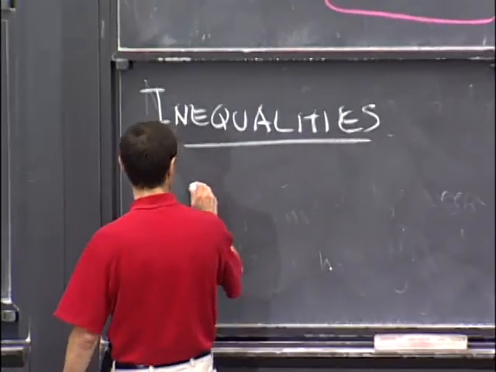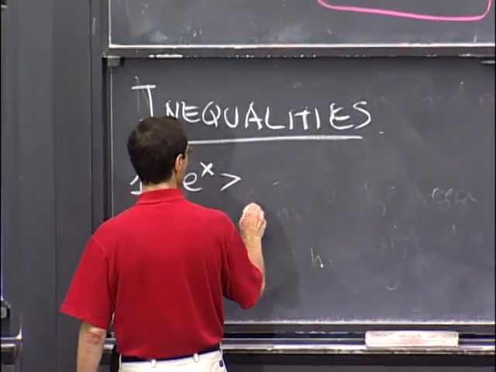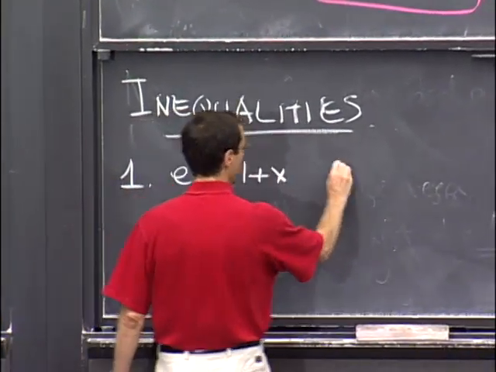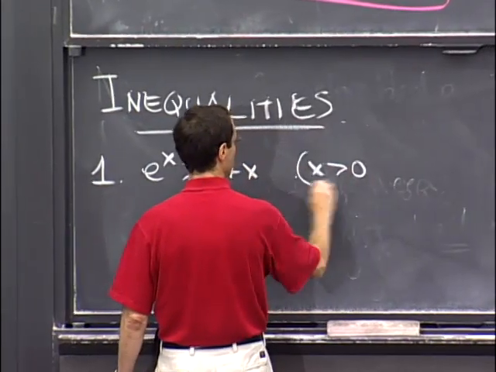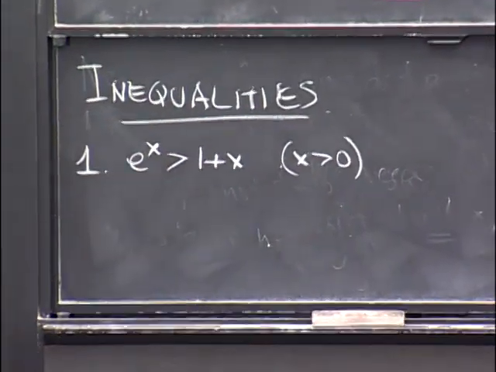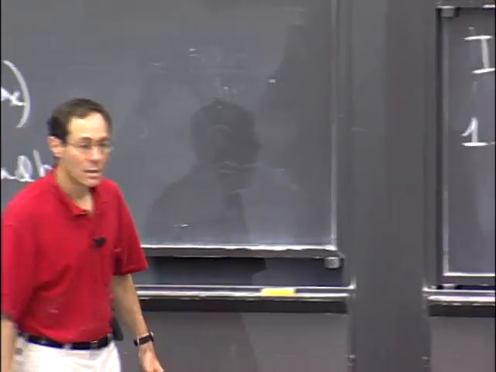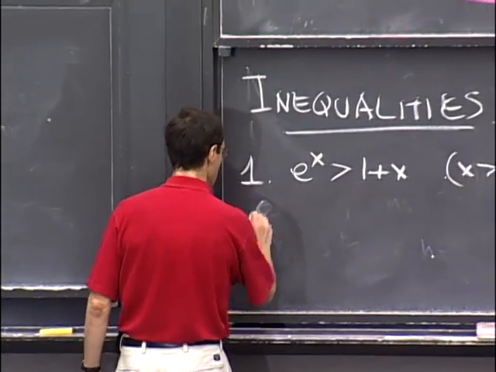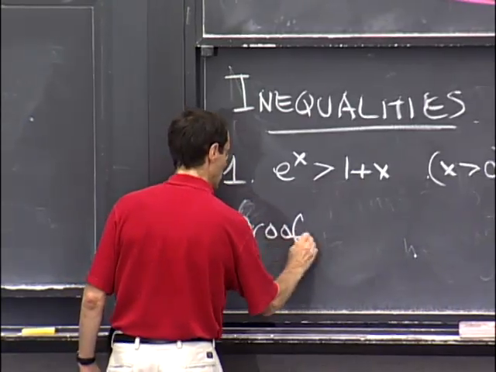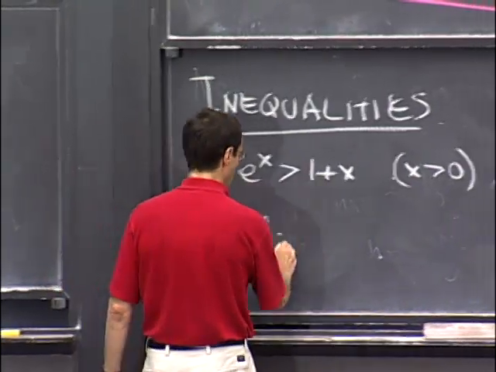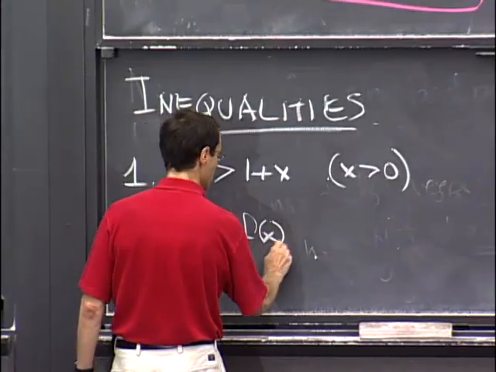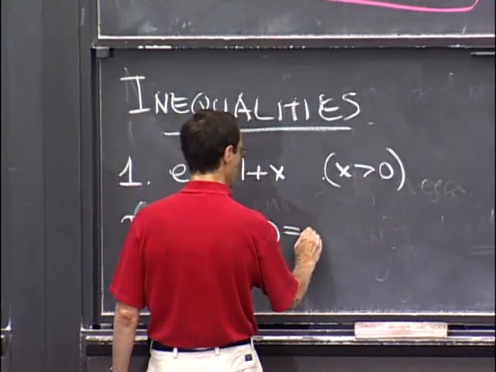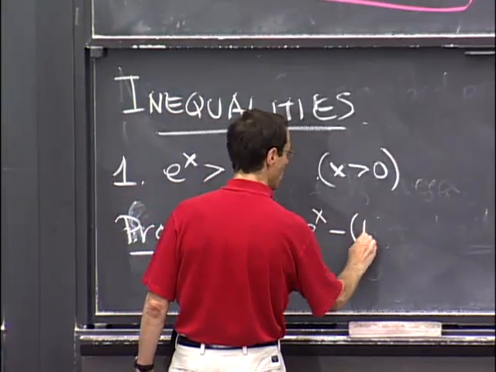Here's an example. e to the x is greater than 1 plus x for x greater than 0. The proof is the following. I consider the function f of x, which is the difference, e to the x minus (1 plus x).